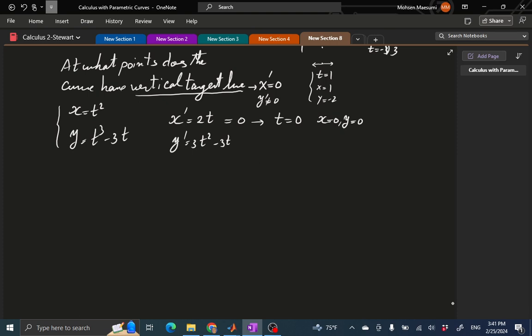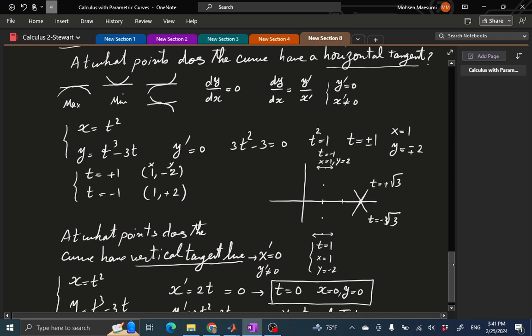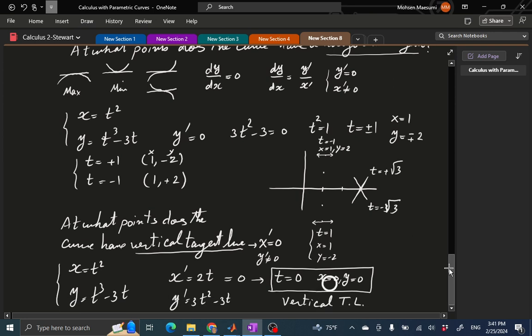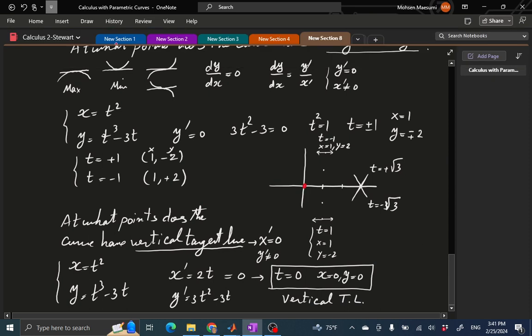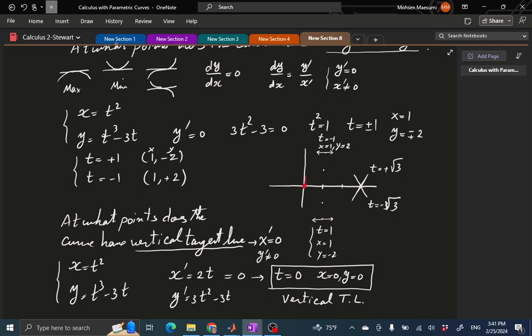So what is so important about this? At this point we have a vertical tangent line. If I go back here, x is 0, y is 0, t is 0, all of them boil down to this point here, and at this point we have a vertical tangent line.